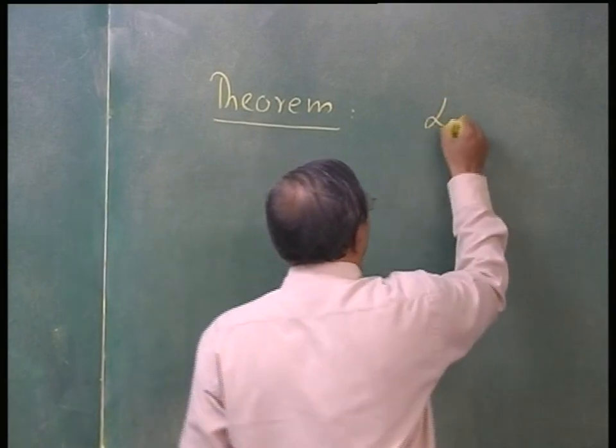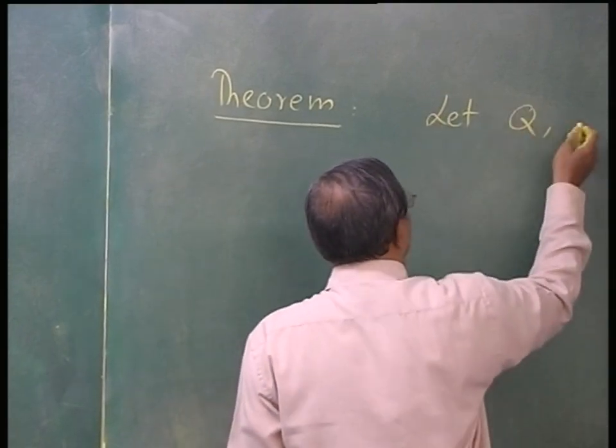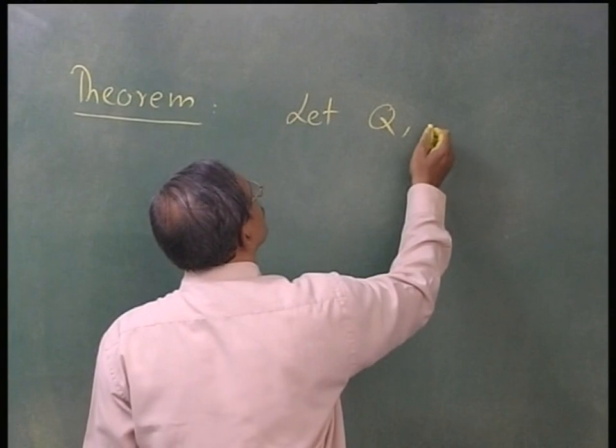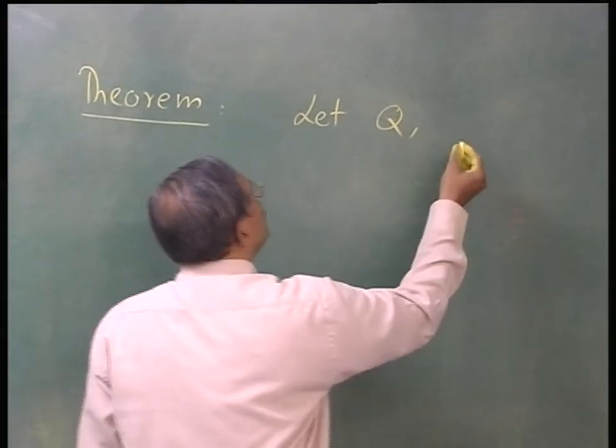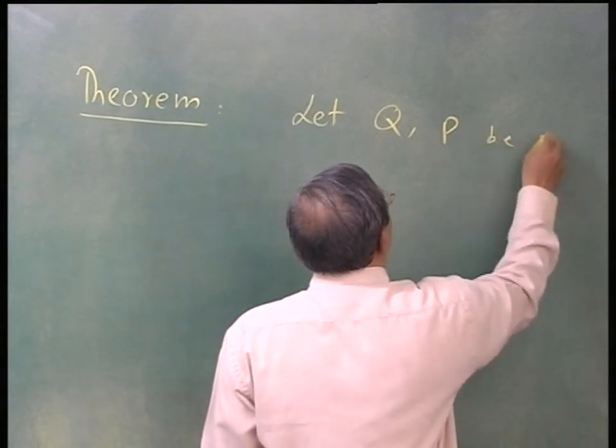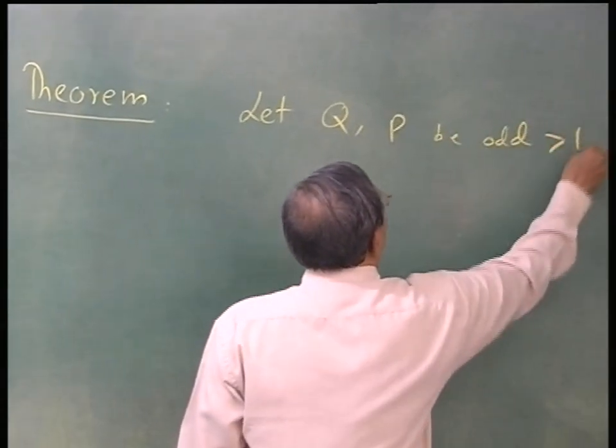Let Q be odd, bigger than 1, and you can also assume P is odd, bigger than 1.